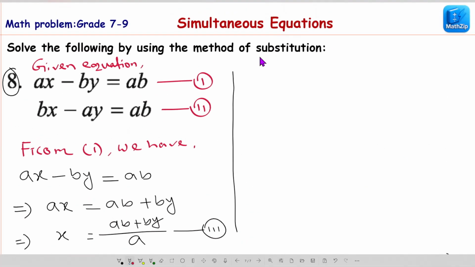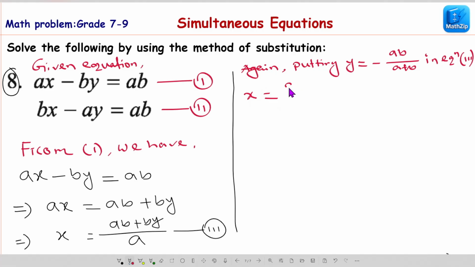So now we can write again, putting y equals minus ab divided by (a plus b) in equation 3, where x equals (ab plus by) divided by a.